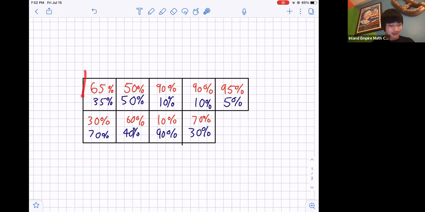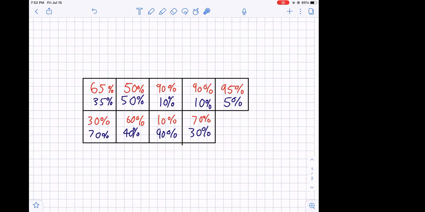So how can we group these squares in a way that allows blue to win? Because it seems like red is actually winning quite a lot, right? You can see they have all these 90s, while blue only has these majorities. Can anyone think of a way to actually allow blue to win?